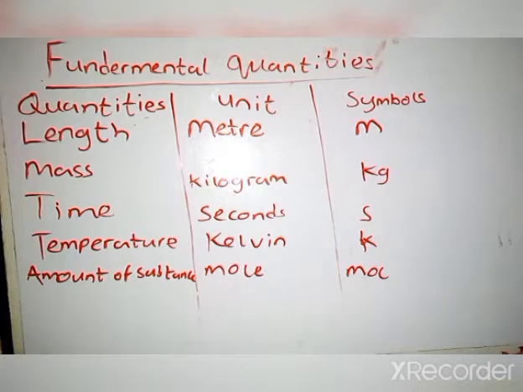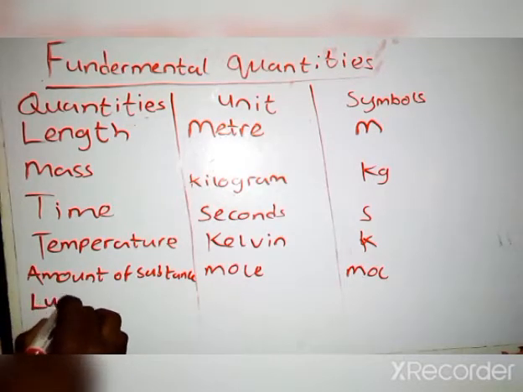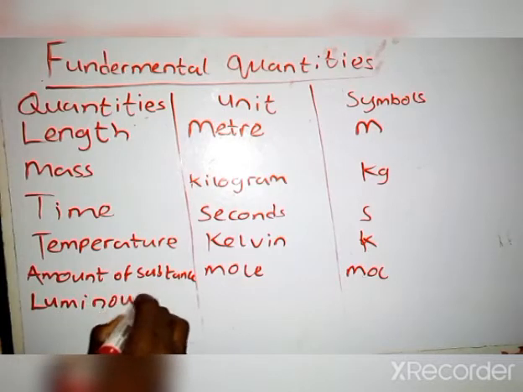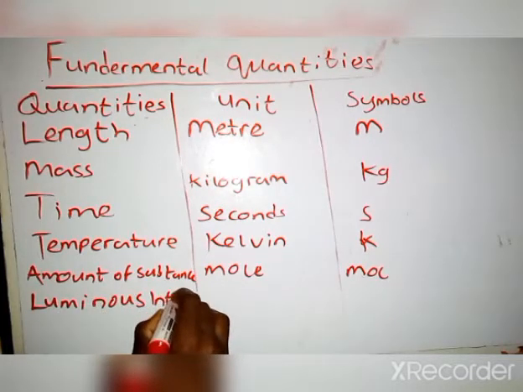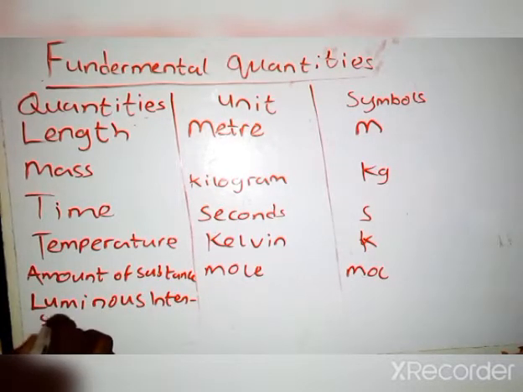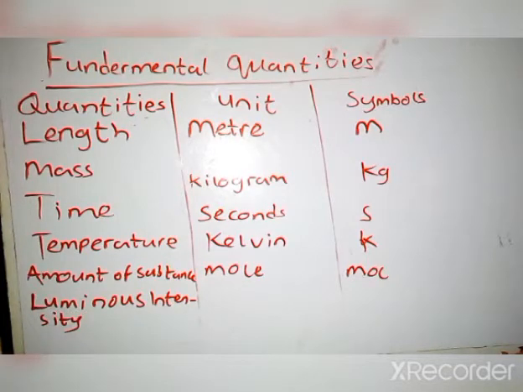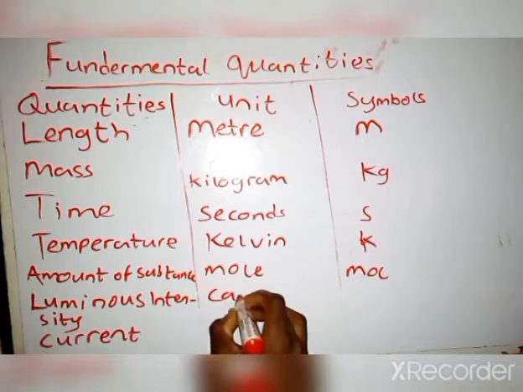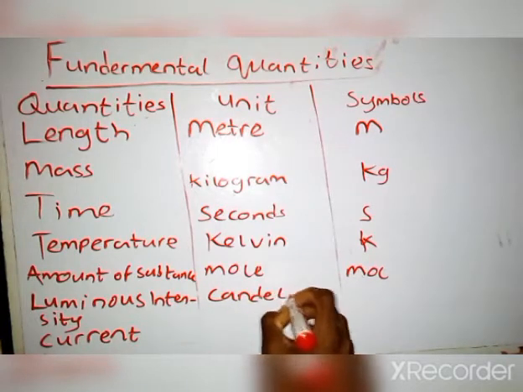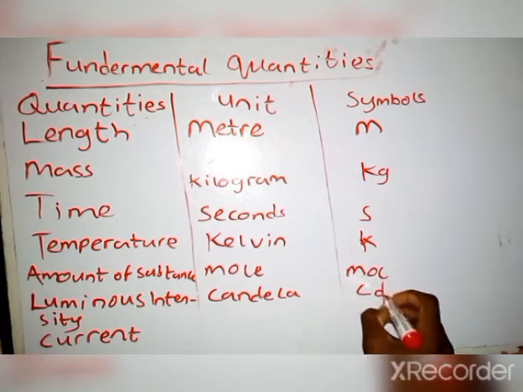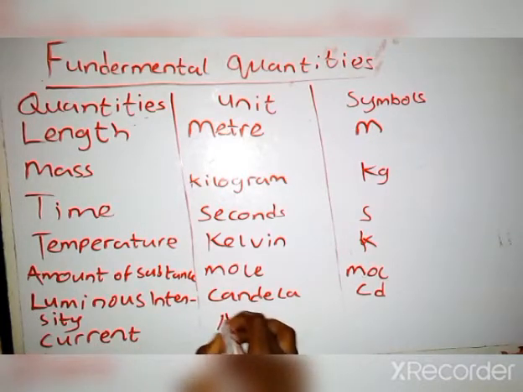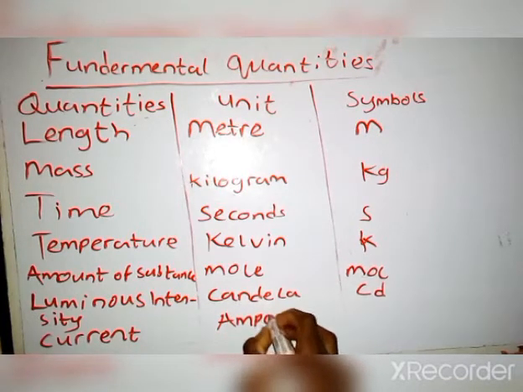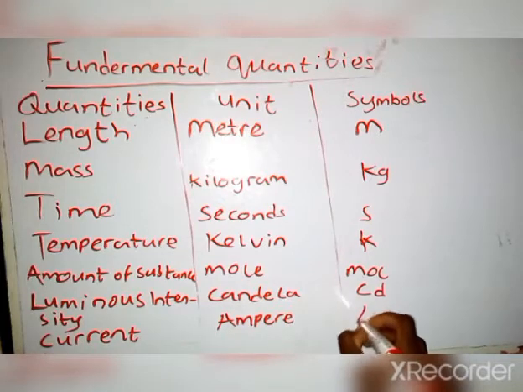And we have luminous intensity. We also have current. Luminous intensity is measured in candela, cd. Current is measured in ampere, capital letter A.